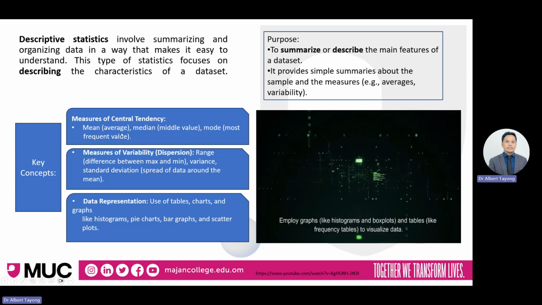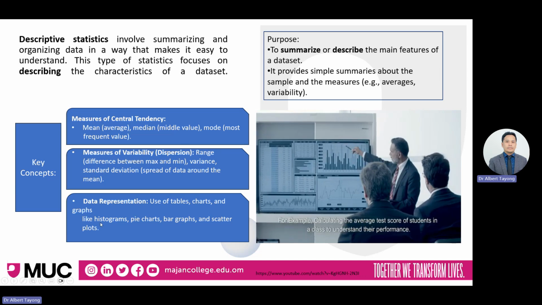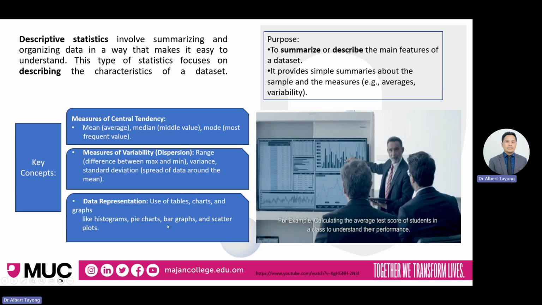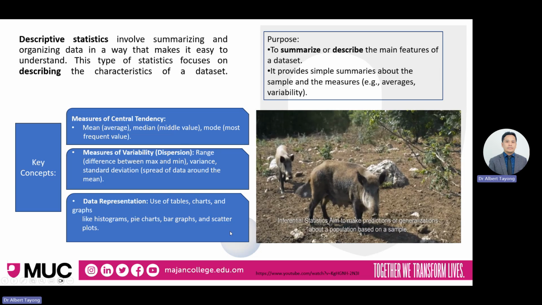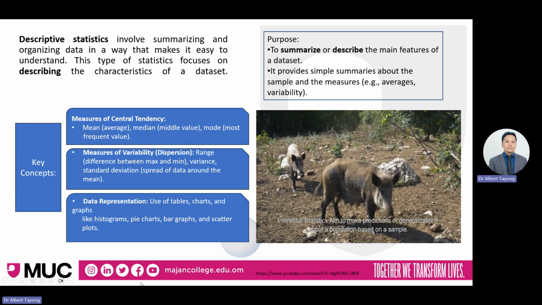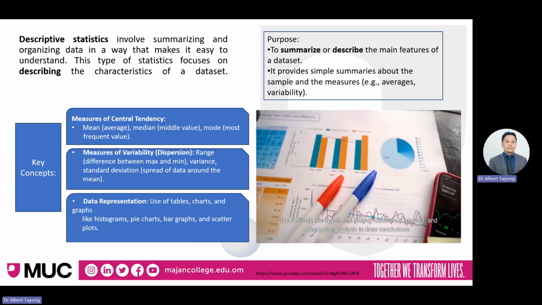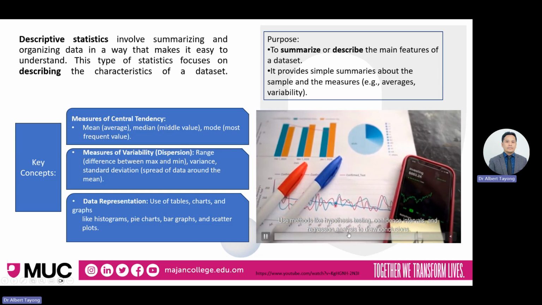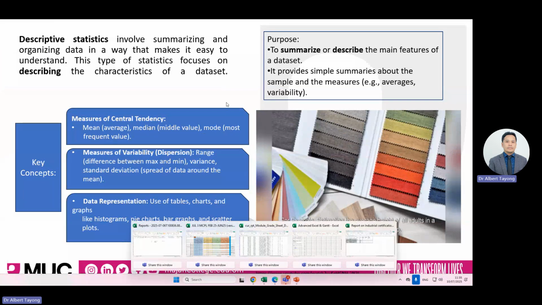And in descriptive statistics, we also include data representation using tables, charts, and graphs like histograms, pie charts, bar graphs, and scatter plots. So let's proceed to the Excel sheet and see how we can tweak our spreadsheet and include some other measures which are used in SPSS. Okay, so let's go there.